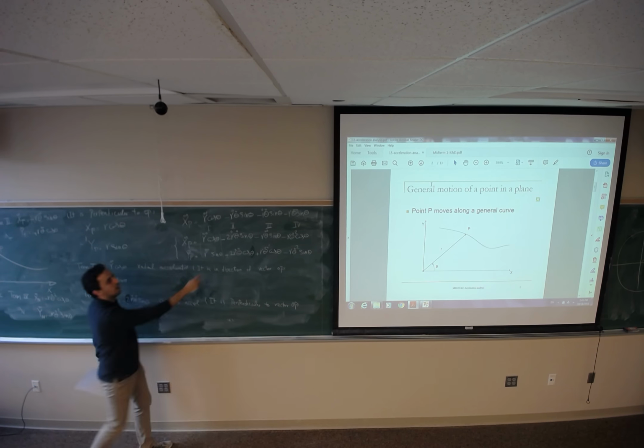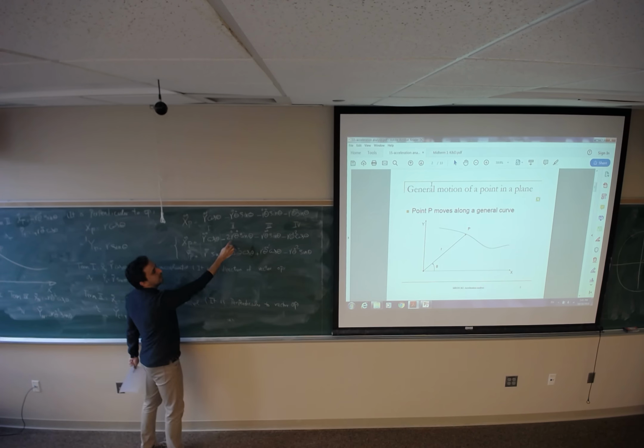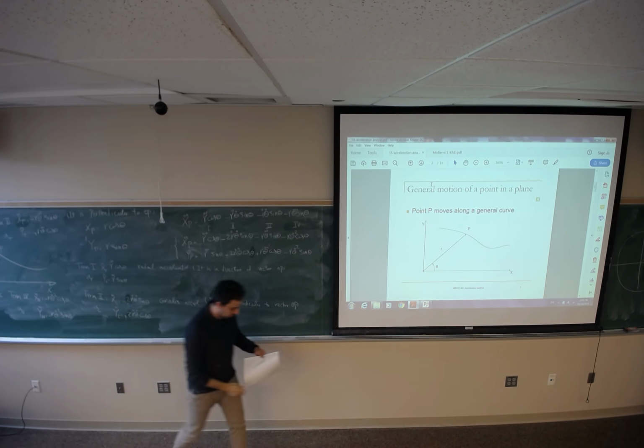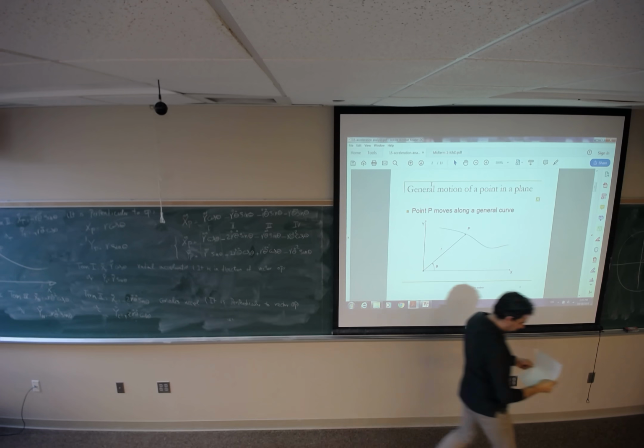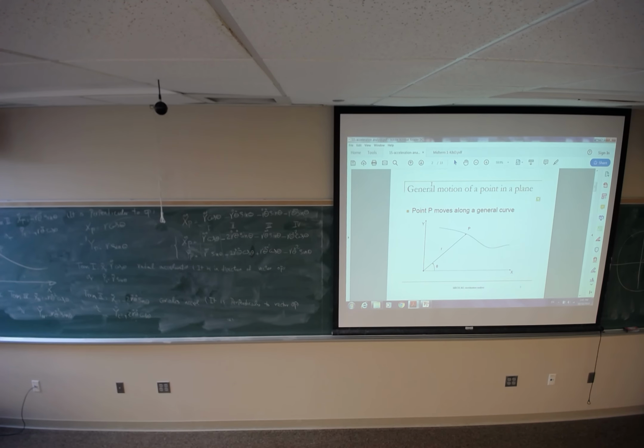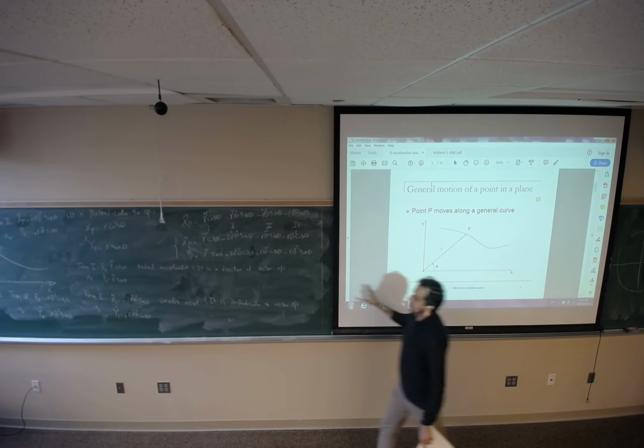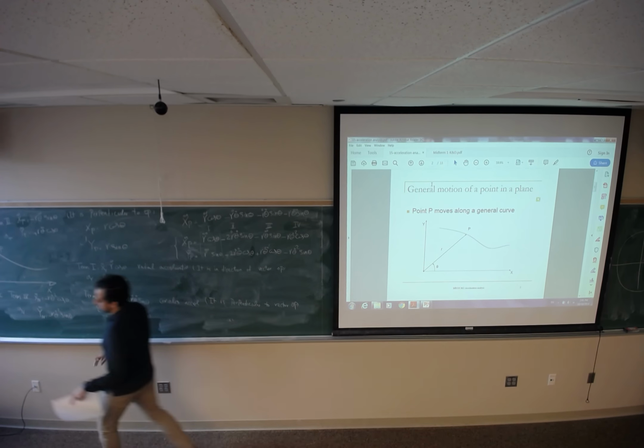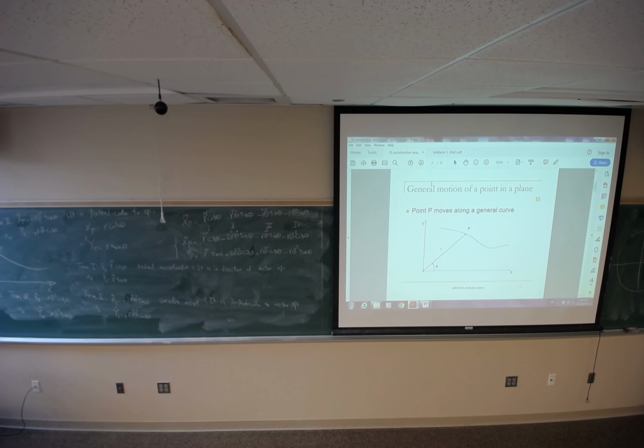Still R dot is not varying and R double dot is also zero. So this is all you need to know about the different terms of acceleration.